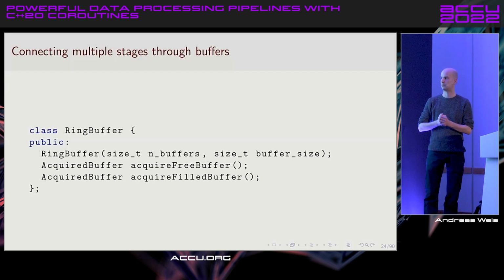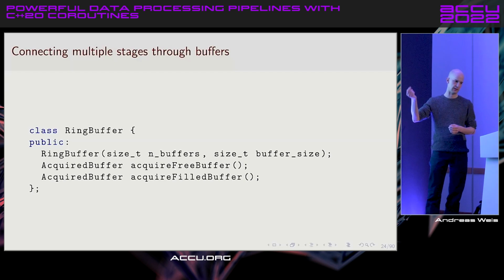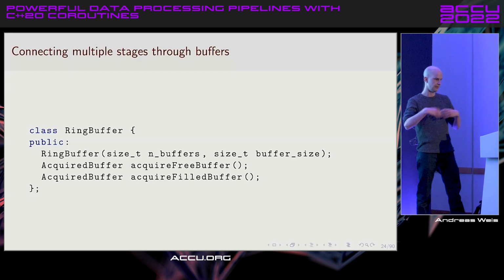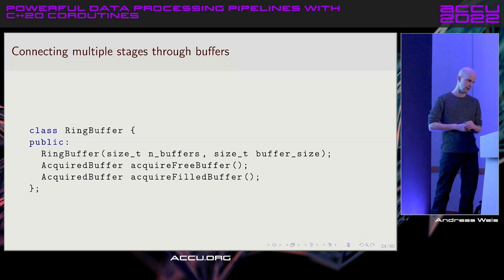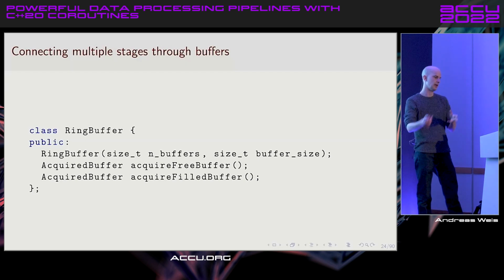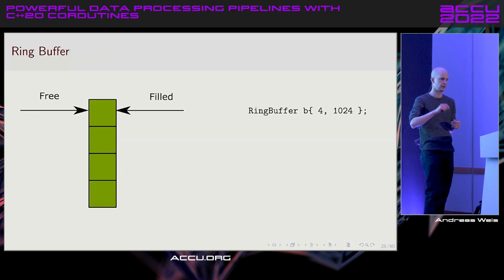A ring buffer that contains a number of individual buffers which all have a certain size. And then it distinguishes between free buffers that are given out to the producers and the filled buffers which have been filled by the producers and are given out to the consumers.